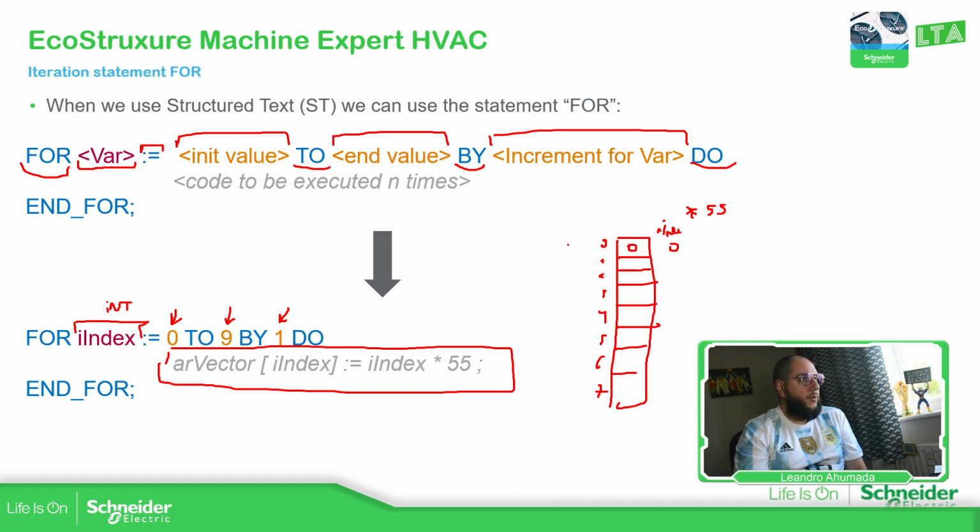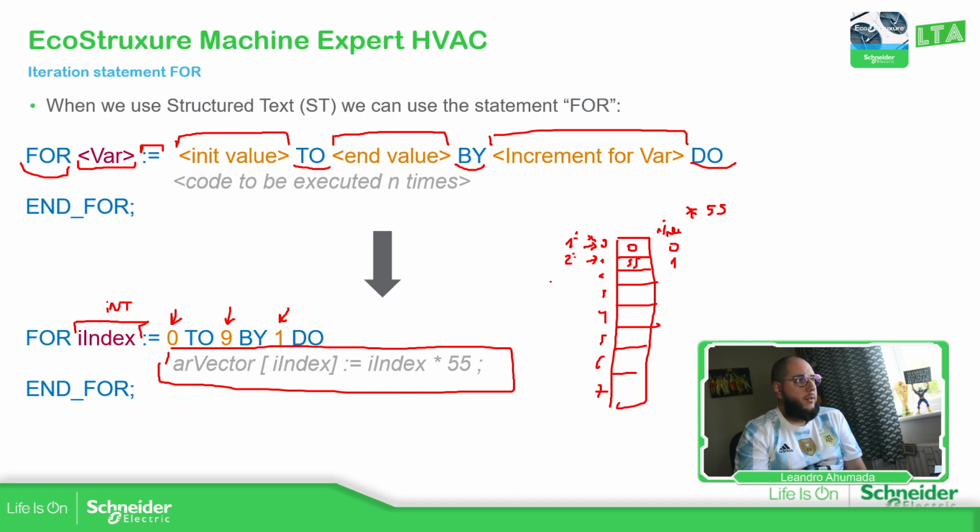This is going to be the first run. The second run, the index value is going to be 1, and we are going to point it here, not here, to here, and then I'm going to multiply 1 by 55, so it's going to give me 55.